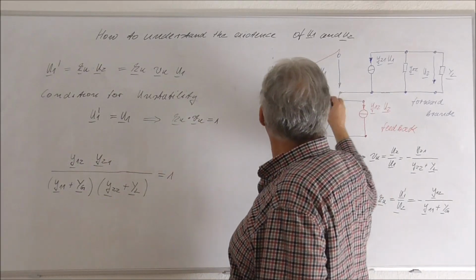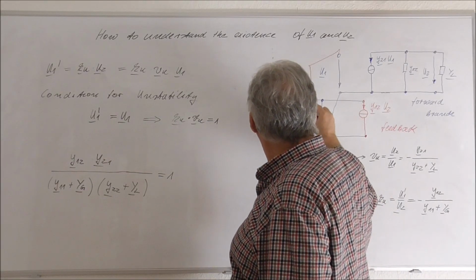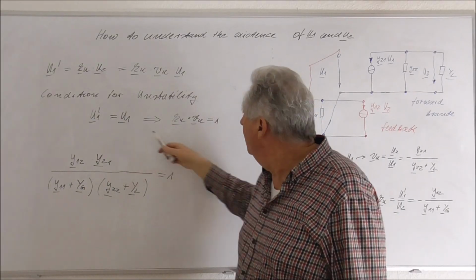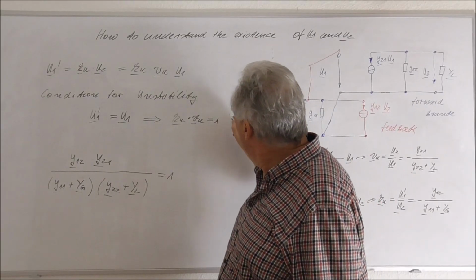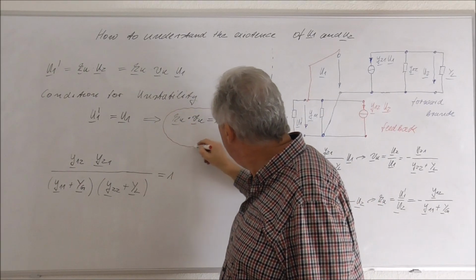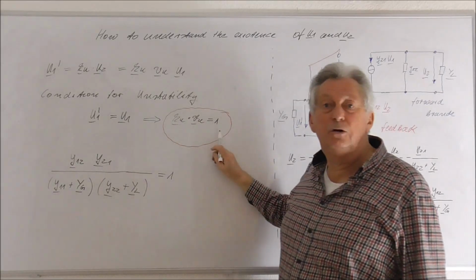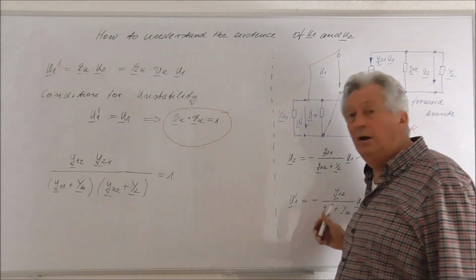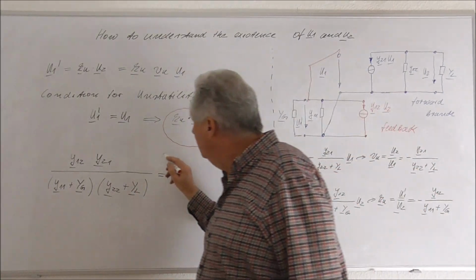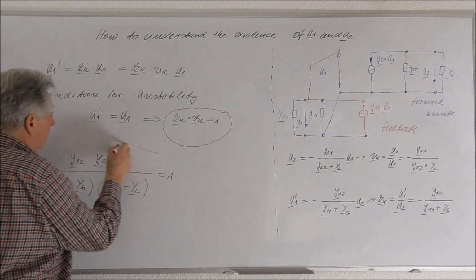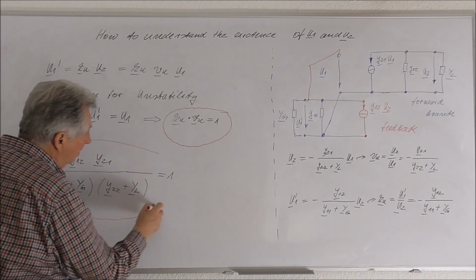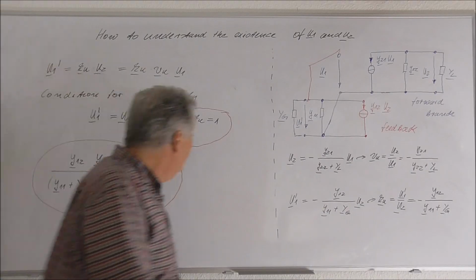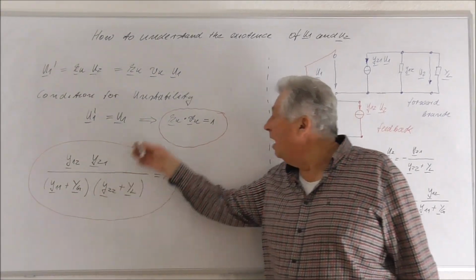As soon as I connect these two points here, I force U1 prime to be equal to U1, and this is only possible if Ku times Vu will be equal to 1. And the same, of course, I can insert now this equation, and then we will find this equation for our active device or our amplifier to become unstable.